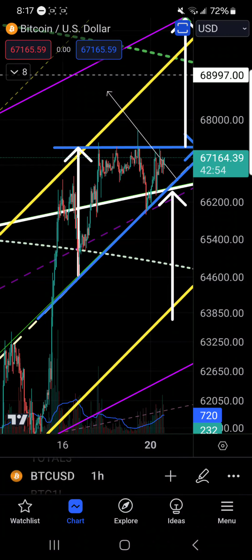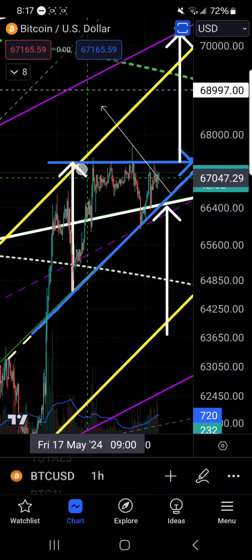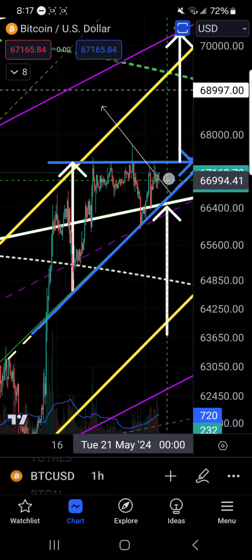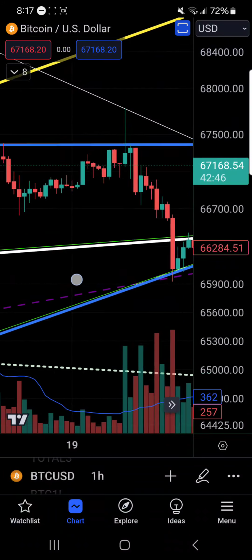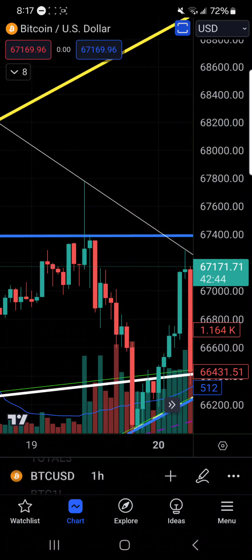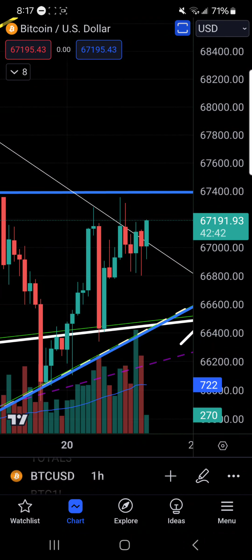But especially as much as we're beating our head on the top right there, it's likely we're about to break through. I also have this thin white line here because for some reason it seems to be playing a role as resistance.